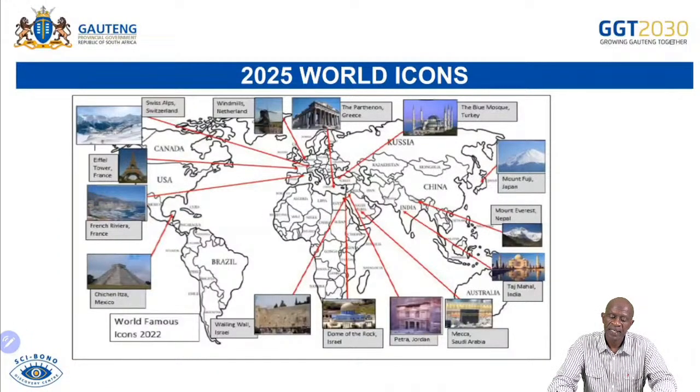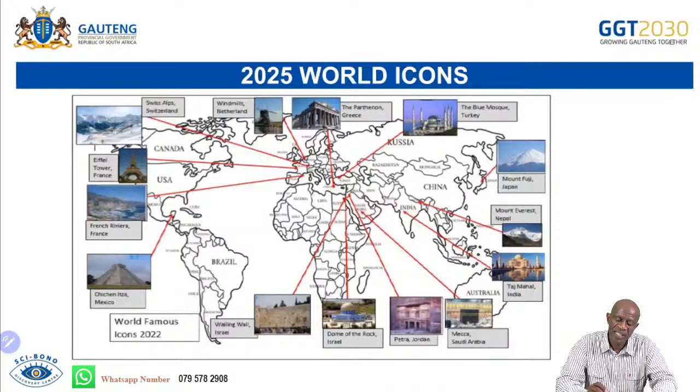Right. Let's look at the location of these icons on the world map. As shown here, these are your 14 icons, and the arrows here indicate the specific location of these icons on the map. If we look at the Eiffel Tower, it is located in France, and on the map, this is the location of France.